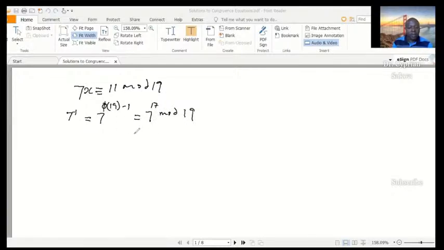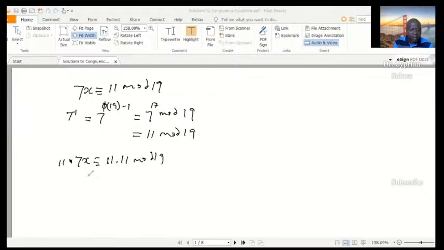And we found the same for Fermat's little theorem. We found the same. And when we did that, we found that this inverse was 11 mod 19. So when you have this 11, proceed now. Take this 11 multiplied by 7x, and that will be congruent to 11 times 11 mod 19.